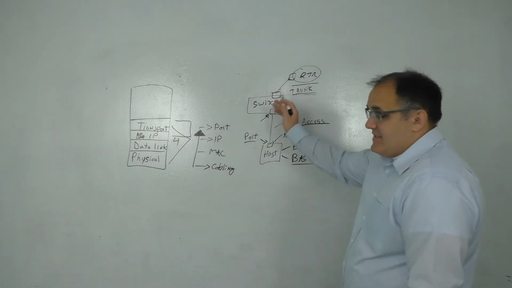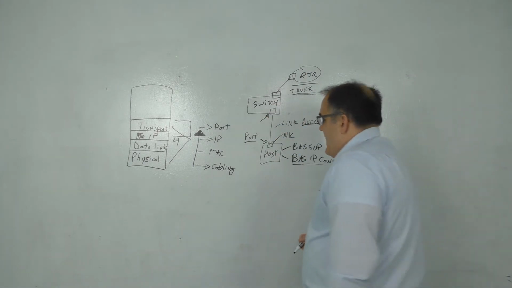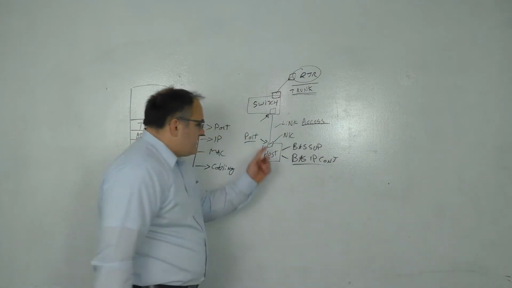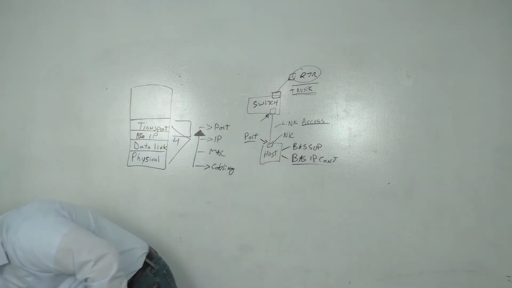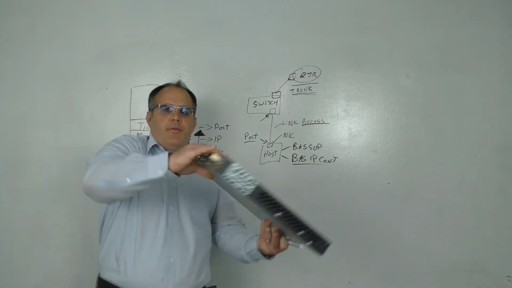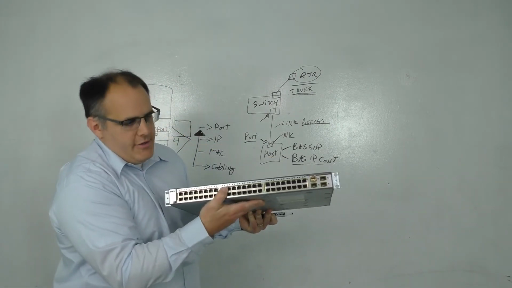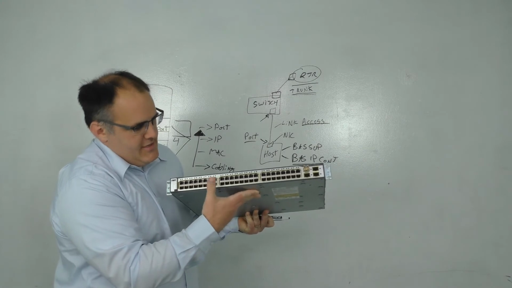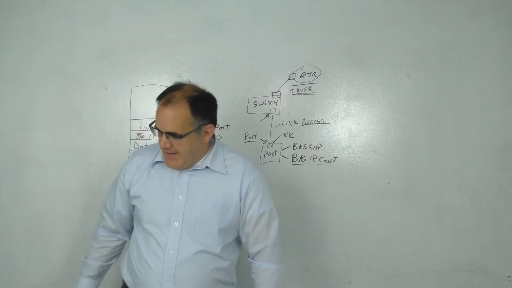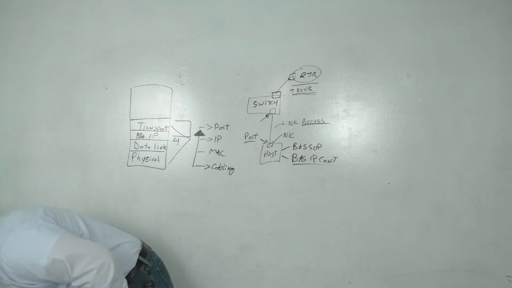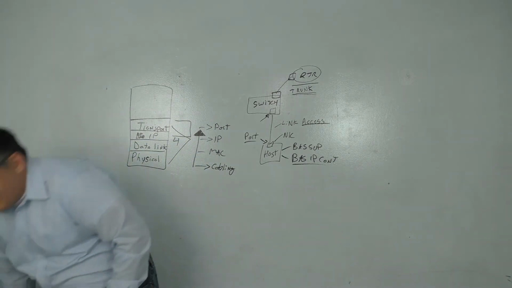So a switch is a local device. Actually, let me show you a switch. Okay, so I've got a 48 port Cisco switch right here. You can kind of see all the ports. It's an older one, but hey, it works nonetheless. I was able to pick it up off eBay for pretty cheap.